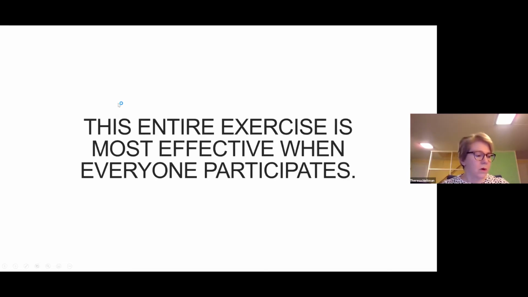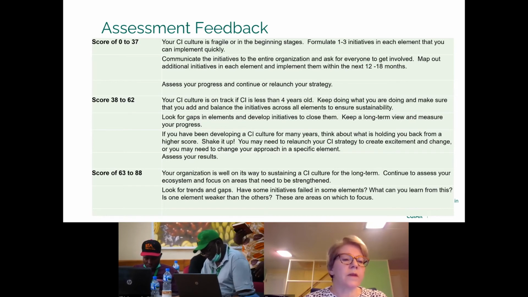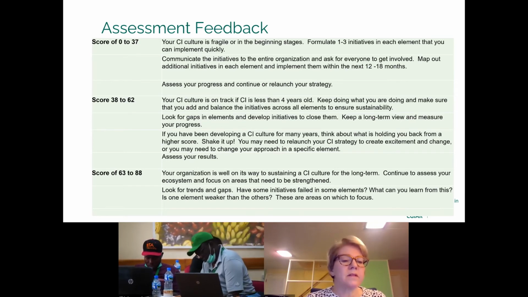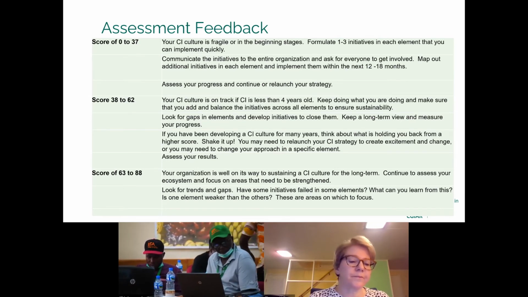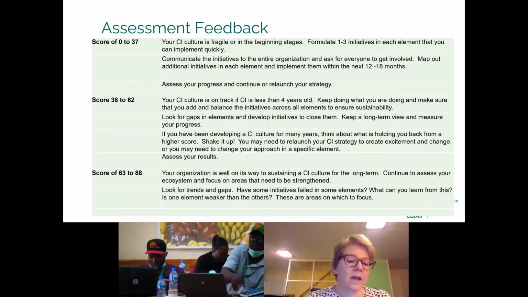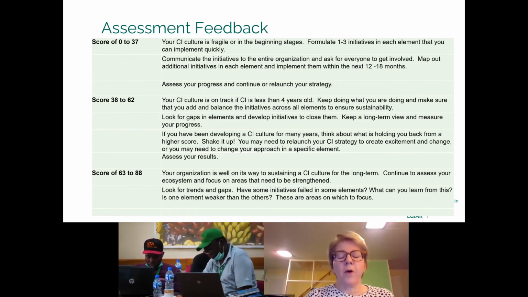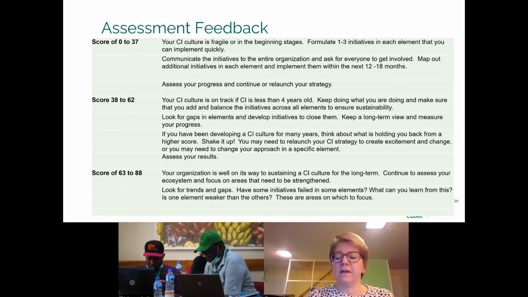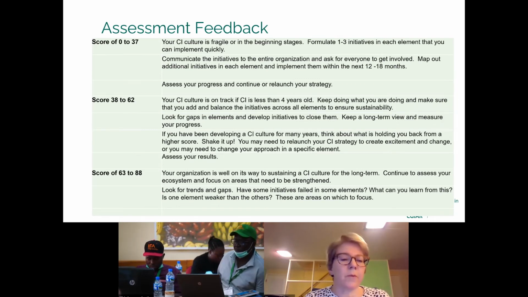So now it's time for our assessment. I'm breaking this into 3 different areas as far as your progress on implementing and having a healthy ecosystem for continuous improvement. Okay.